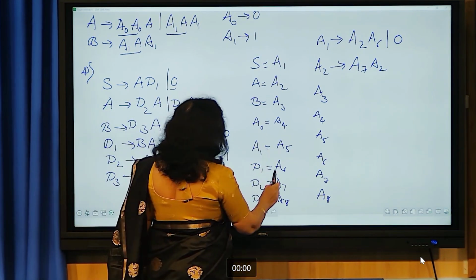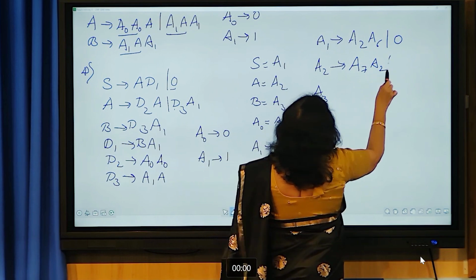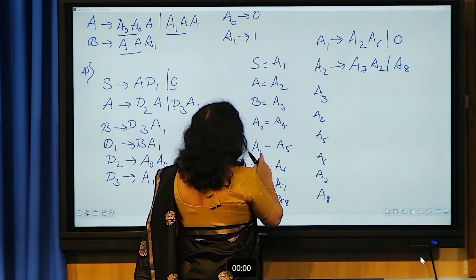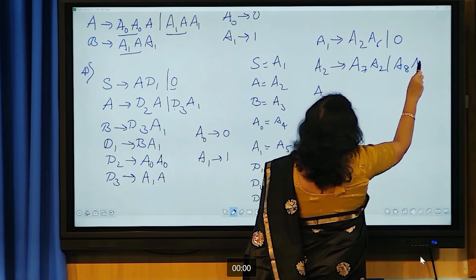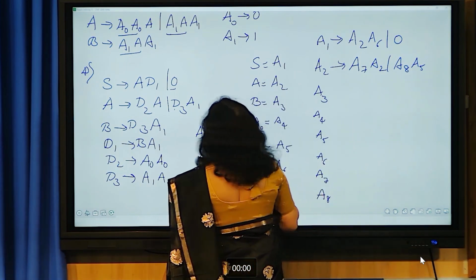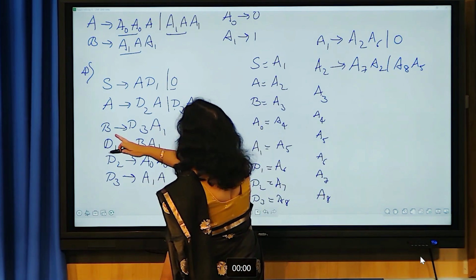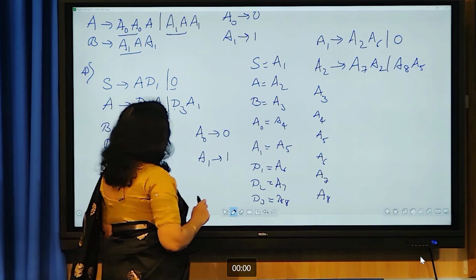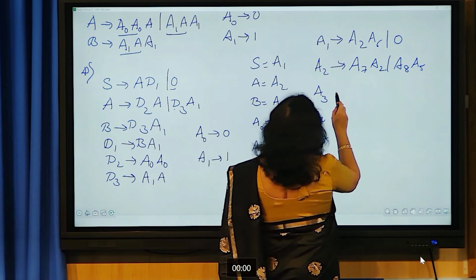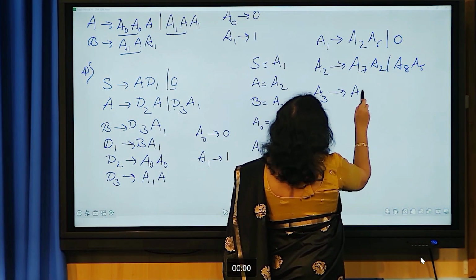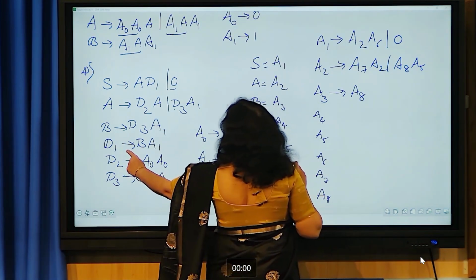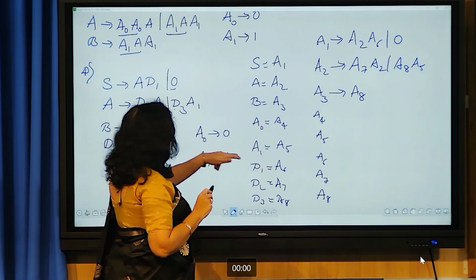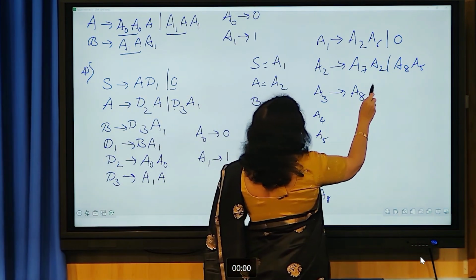D3 is A8, A1 is A5, so A8 A5. Now B is A3. B produces D3A1, so D3 is A8 and A1 is A5. B produces A8 A5.